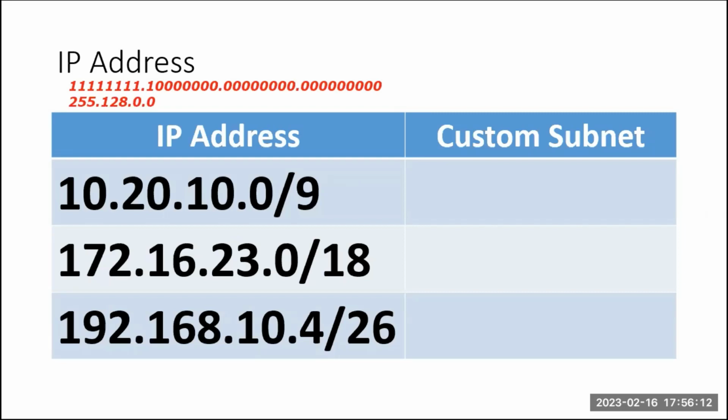Feel free to say you're not sure. Not sure, sir. All right, so again, just look at the number after the slash. This is a /18, which therefore means how many bits are we going to have turned on?